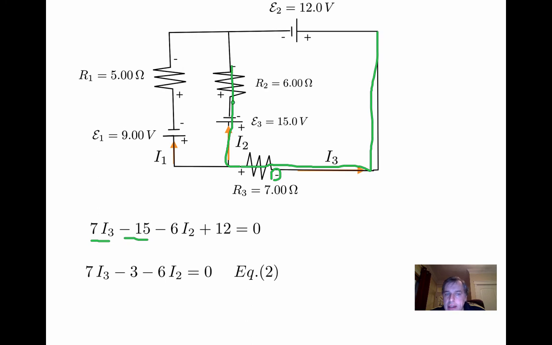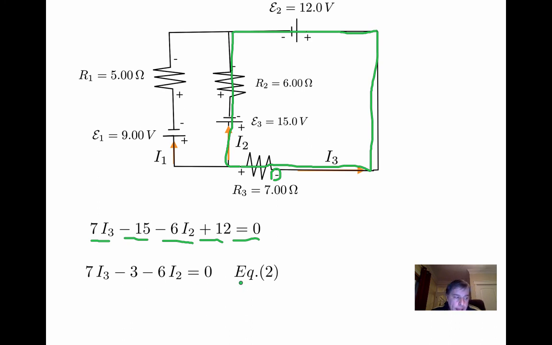So delta V here is 6 times I2, and it's negative. So I get this term, minus 6 I2, and I keep going. Then the potential increases by 12 volts, so I get the plus 12, and I'm back to where I started from. So the sum is equal to 0. Again, I simplify. Minus 15 plus 12 gives minus 3, and I get this simplified equation that I call equation 2.